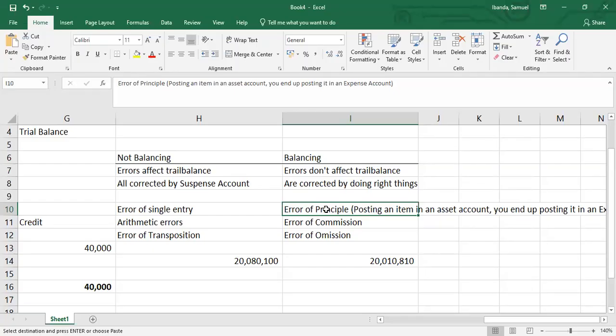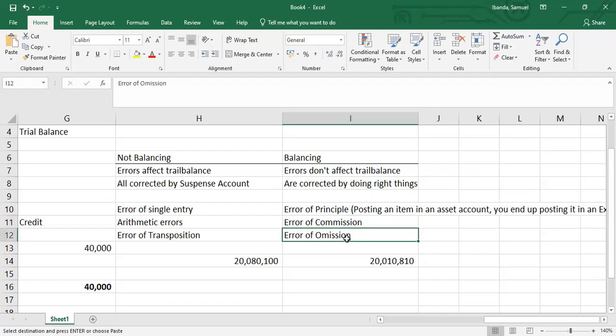Let's say it was posted under the expense account. We remove it from the expense account and post it to the right account, which let's say is the asset account. The same thing with error of commission. If they posted a transaction to the account of Samuel, we remove it from the account of Samuel and post it to the account of Sam, if Samuel and Sam are totally different clients.